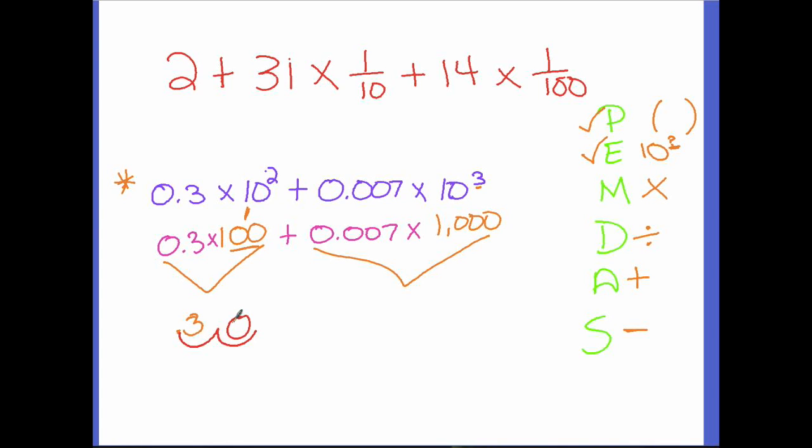What am I going to do with this number? Seven thousandths times 1,000. What am I going to do with it?